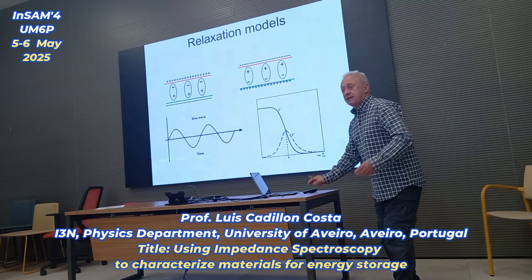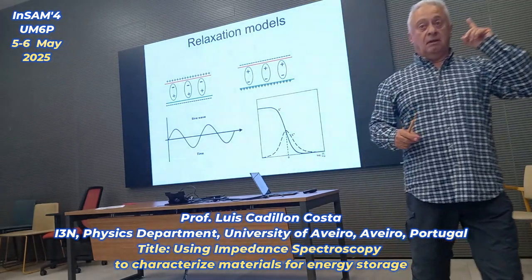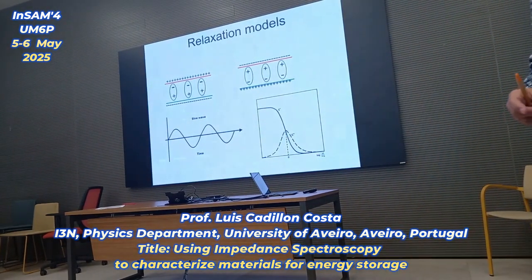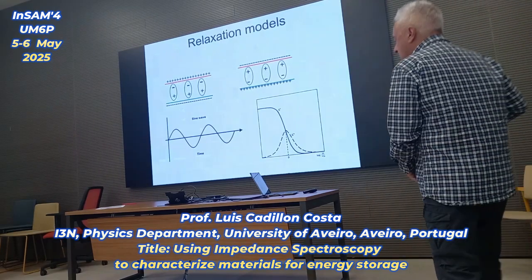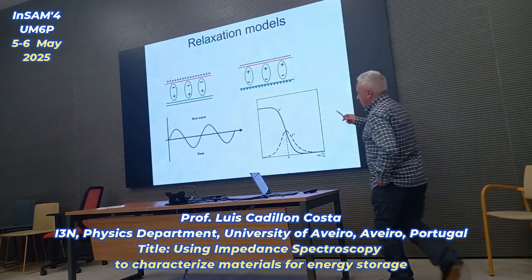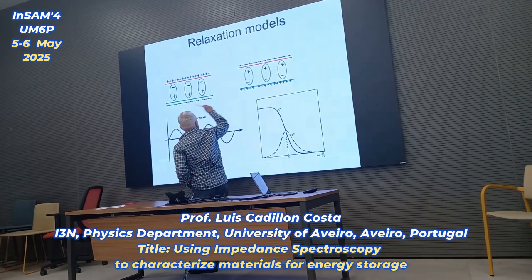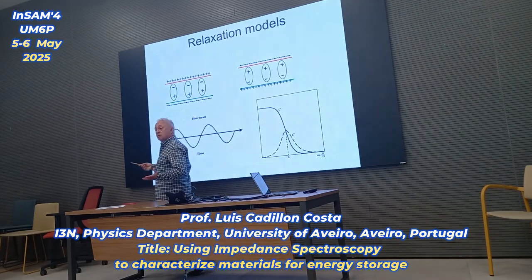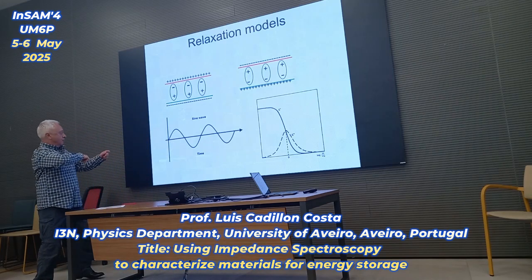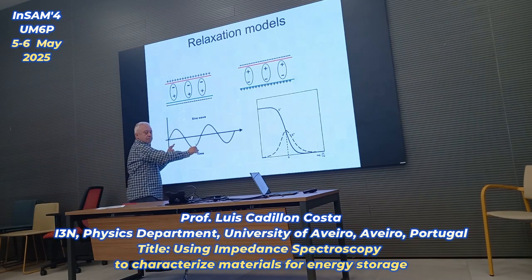Then let's see what happens with impedance spectroscopy. In impedance spectroscopy, what we can do is to apply again to these two plates a signal like that. It changes like a sinus, that means it is positive, then negative. So what happens?